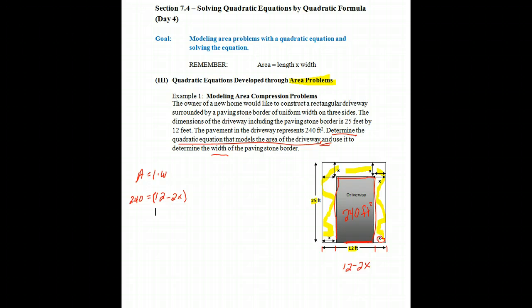And your length is similar. It's 25 feet, including the whole stretch here. But your driveway is not 25 feet. You have to remove this distance here from this length, which is x. So your length is 25 feet, but go back x feet.